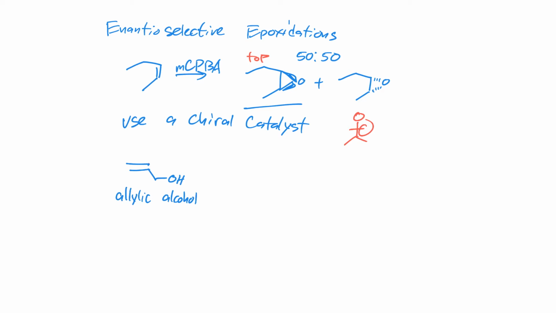What we're going to use then is titanium tetraisopropoxide, and we're going to use diethyl tartrate, which will give us our chiral environment.